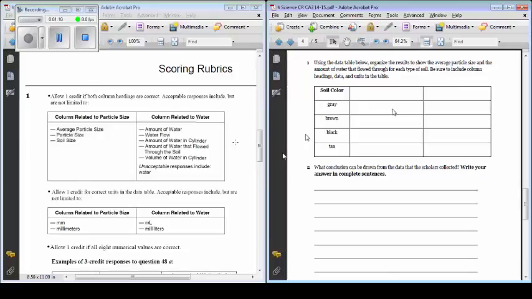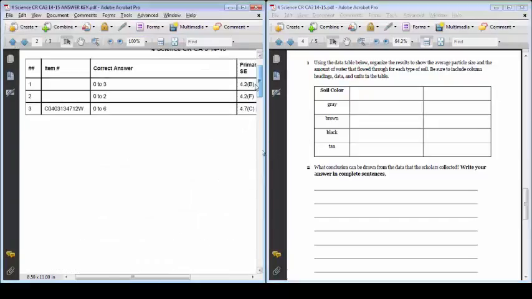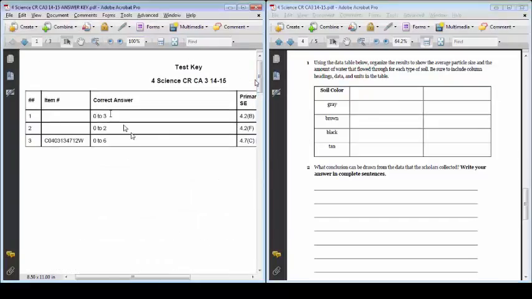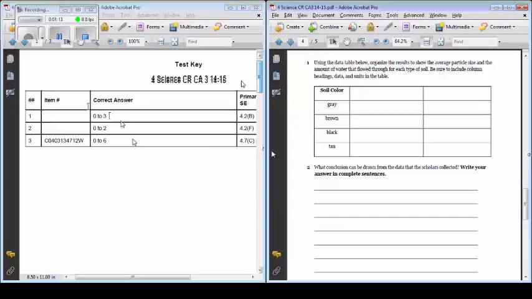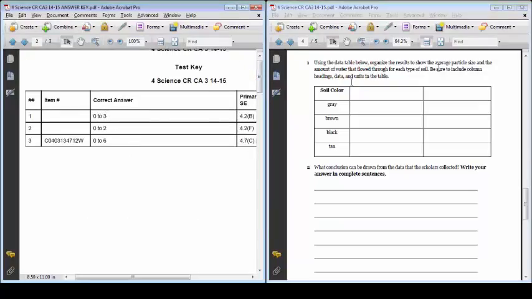As we move down to number 1, you can see right over here that the table is laid out, what it should look like. On the first page, we can see that number 1 will be worth 0 to 3 points for this entire first section right here.